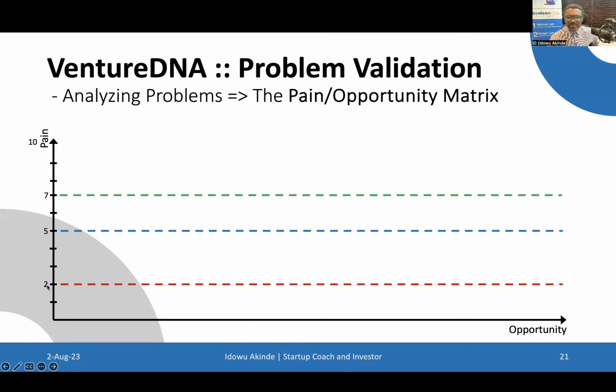What does this mean? This actually means that whenever you have things that are a 2 or hover around 2, things that are a 2 and below, you have found what is called a minor irritation.